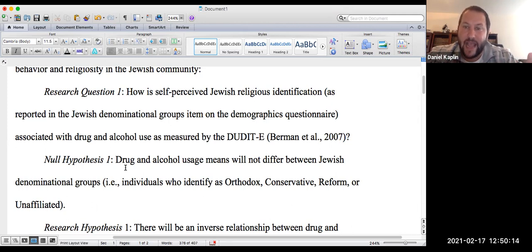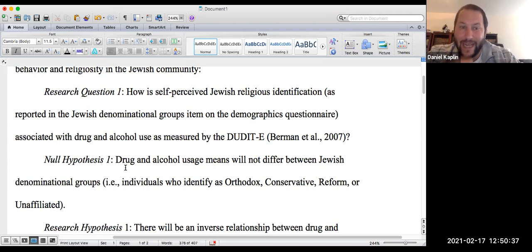So I did add some parenthetical things, which I skipped over for brevity, but it says, as reported in the Jewish denominational groups items on the demographics questionnaire. So I'm telling the reader, well, how am I going to determine one's self-reported or self-perceived Jewish religious identification?